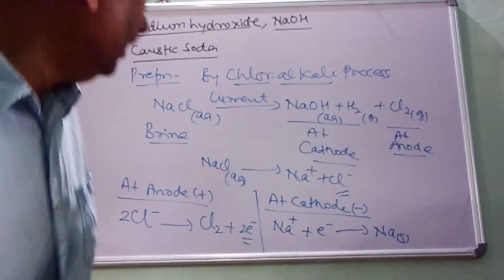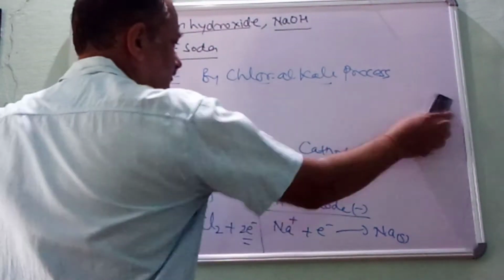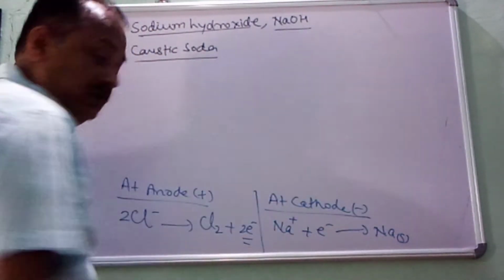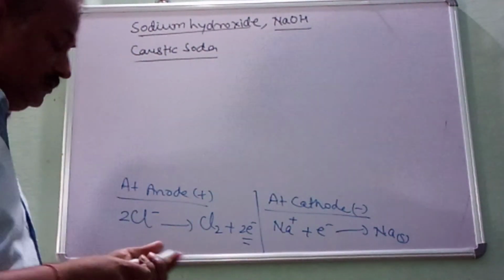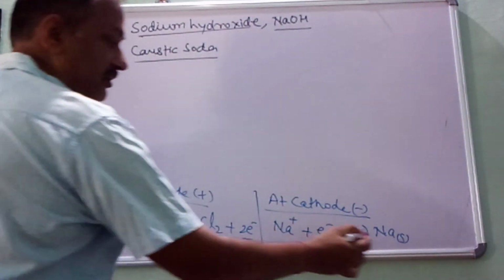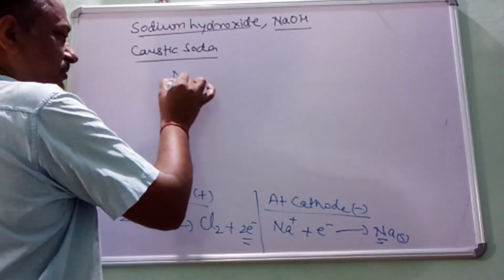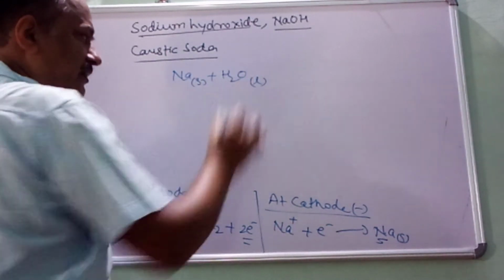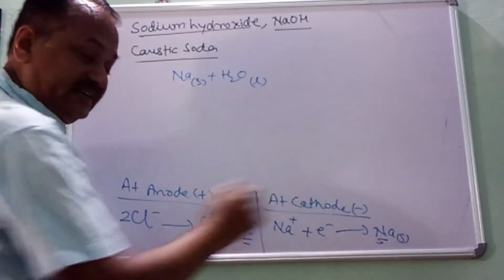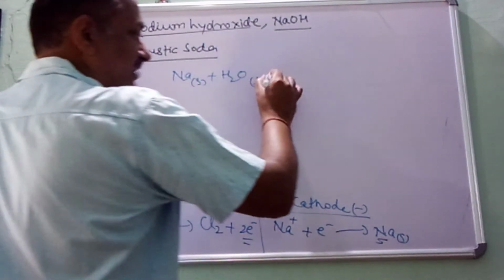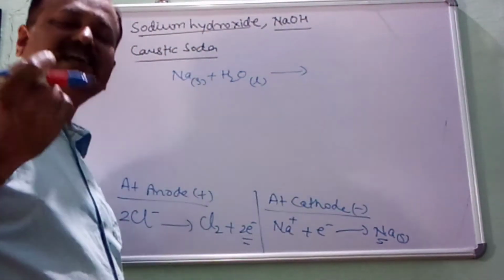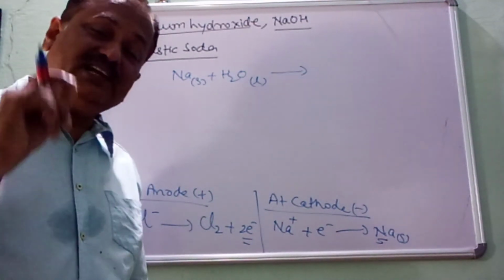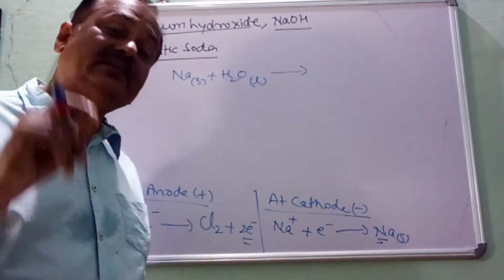Now the solution has an aqueous nature, the solution has water. So the sodium produced will react with water. It is at the cathode. So there will be a very slow reaction, because it takes place at the atomic level. All the reactions take place at the atomic or ionic level only.